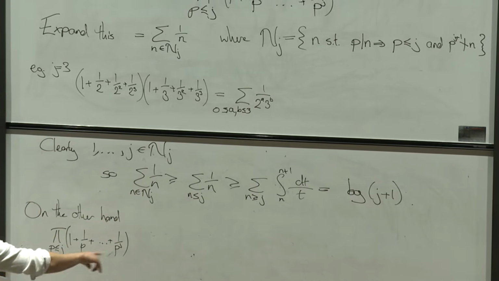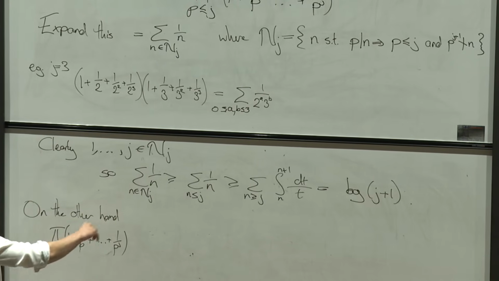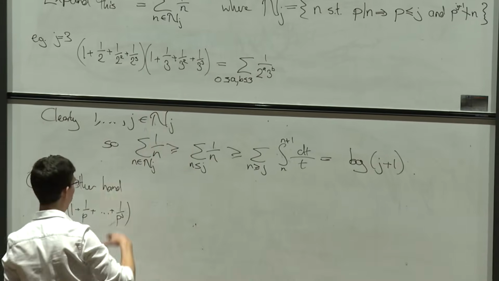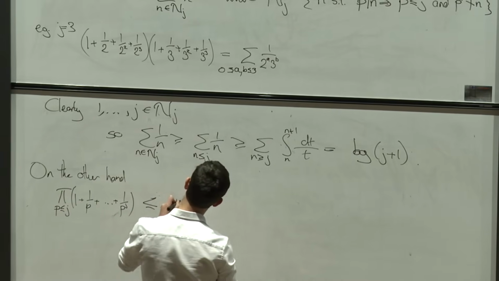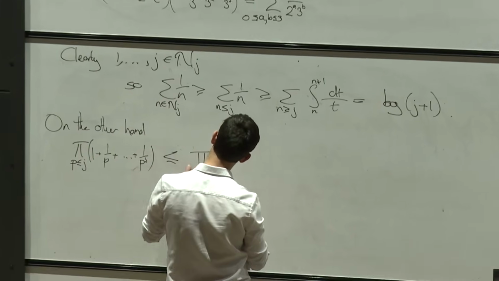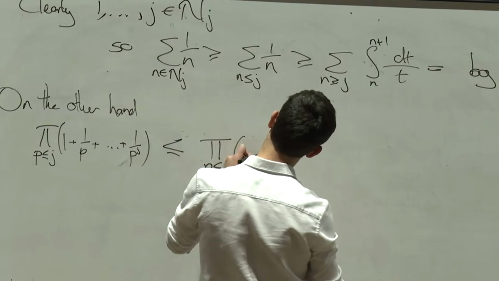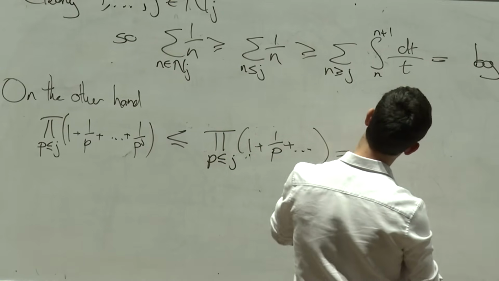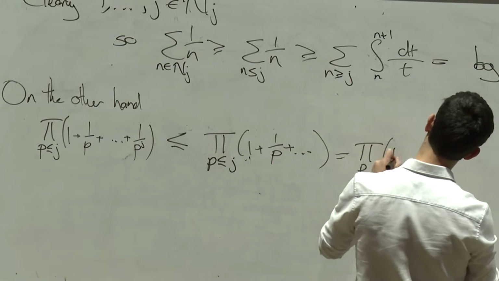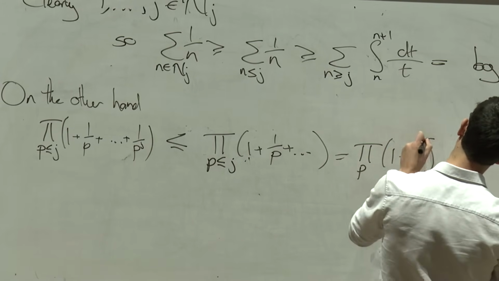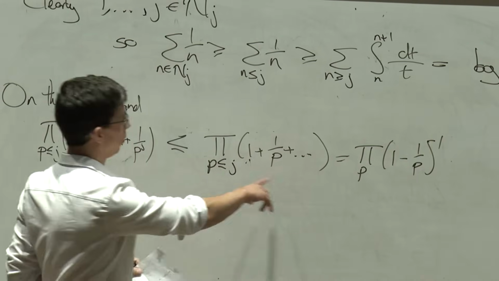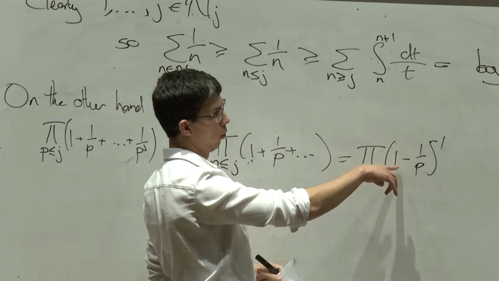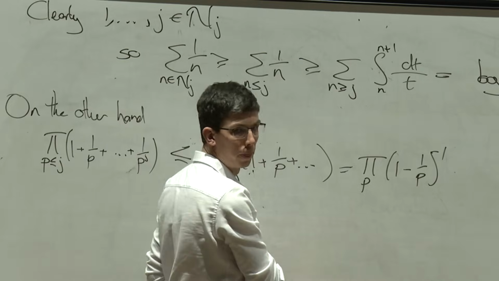Well, these are the first few terms of a geometric series. All of them are non-negative, so I can certainly upper bound it by the whole geometric series, and the full geometric series is just 1 over 1 minus 1 over p.